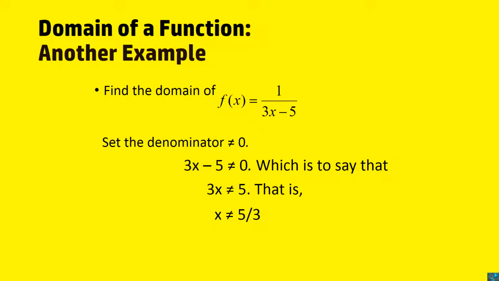And so the domain is the set of all values of x that are allowed, which is every real number except 5/3. So the domain is the set of all real numbers x such that, that's what that vertical bar means in this set notation, x is real and x is not equal to 5/3.